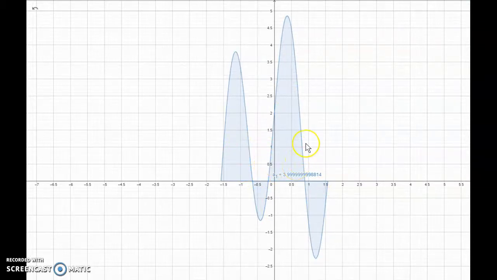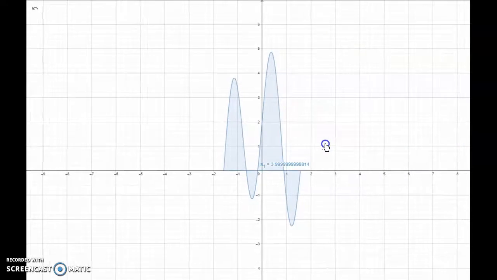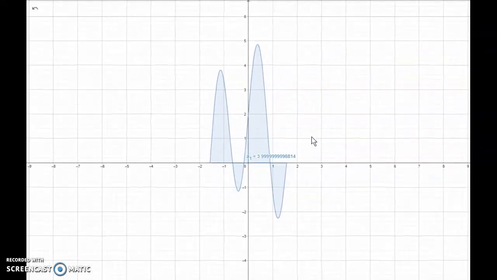Now, the second thing that I want you to be clear on is the even function. I did say in a previous video that an even function in trigonometry is applicable to cosine and secant.